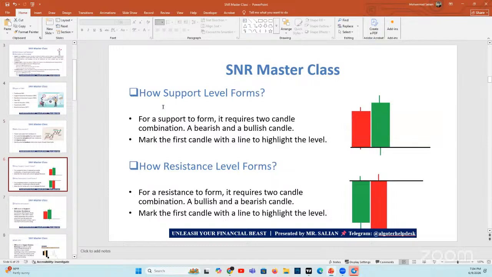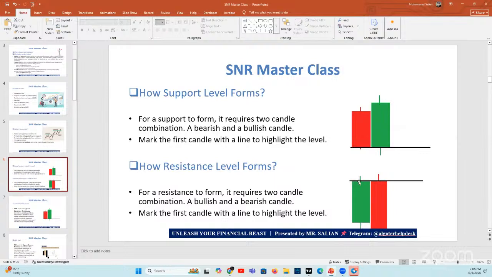For the support, I already told you, you need only two candles every time, for support and resistance. Red, green: you will highlight the first candle on your left, and then draw a line there. That will be your support. That is the traditional SNR. And for the resistance, it's the opposite.